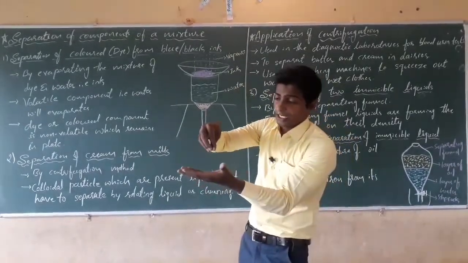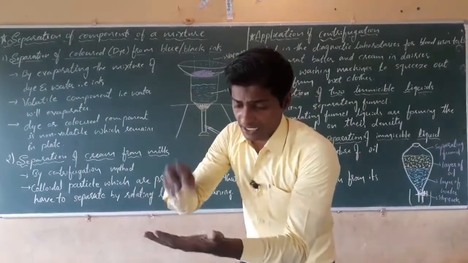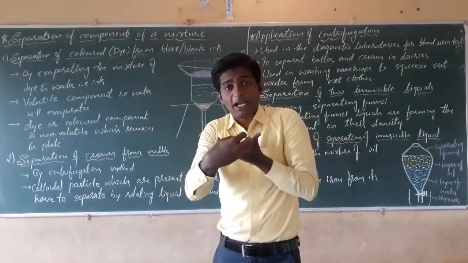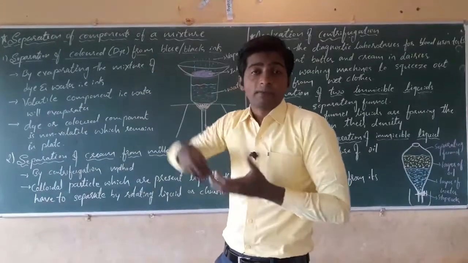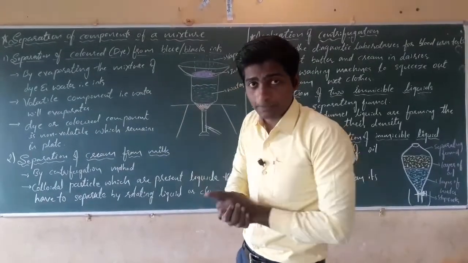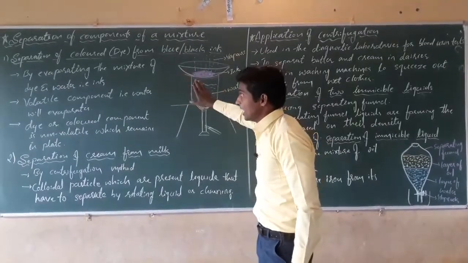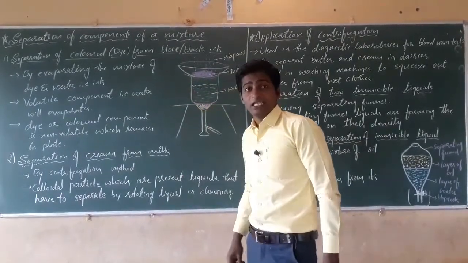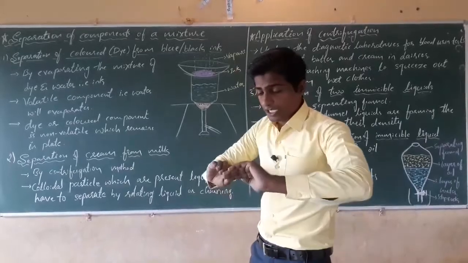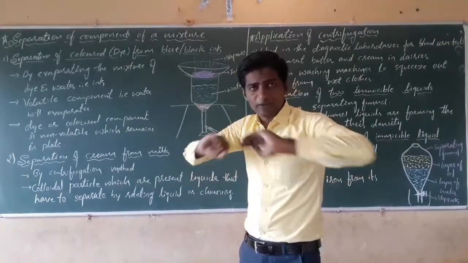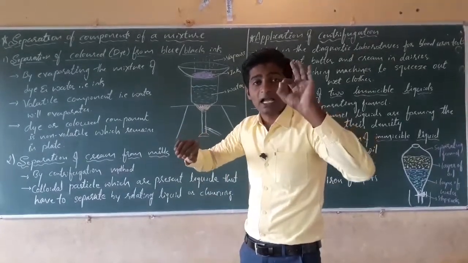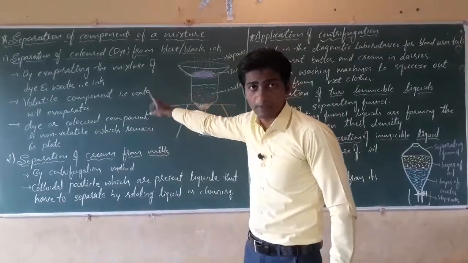If you try to separate them by the filtration method, the milk particles will also pass through the filter paper, so we can't separate them. We also can't separate them by the evaporation method. Separating the fat particles from milk by evaporation is highly impossible.